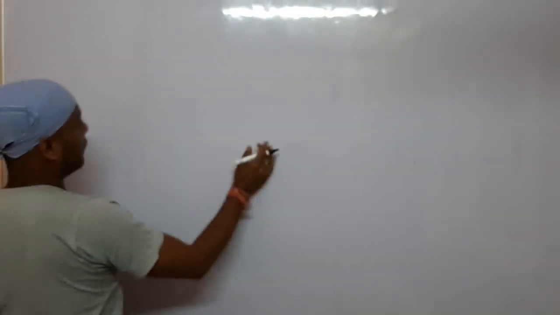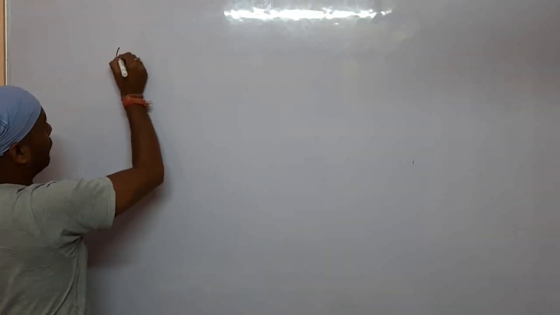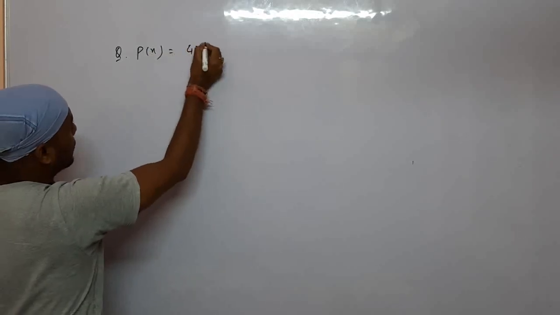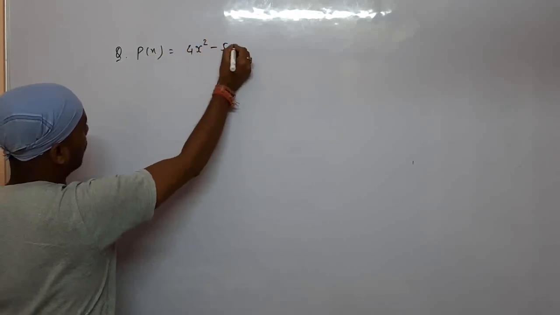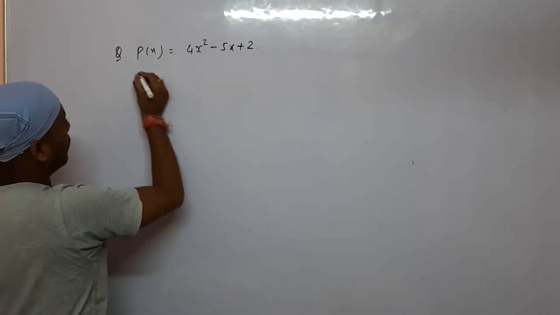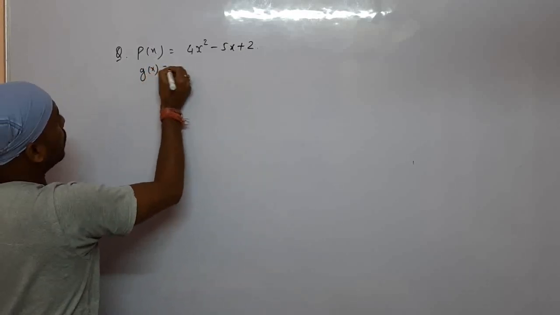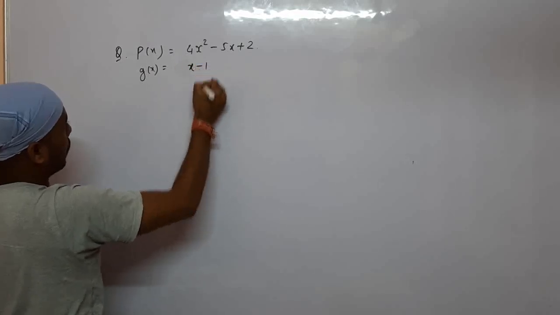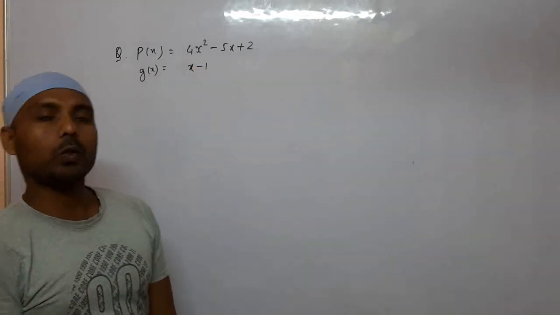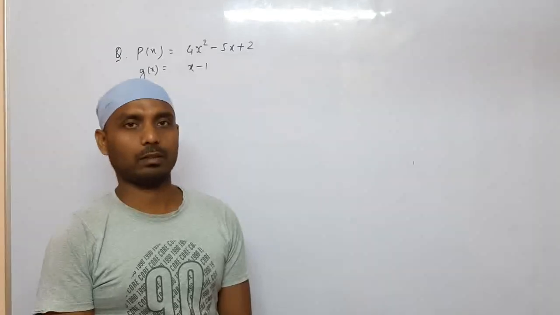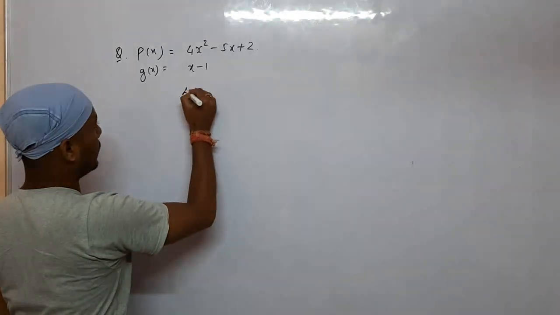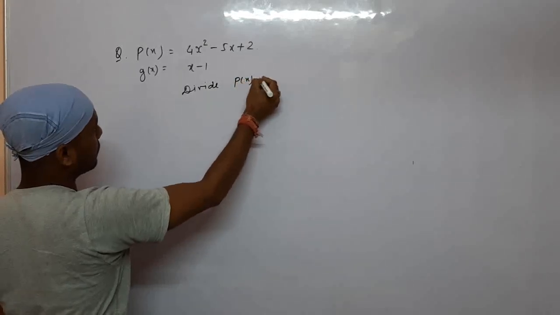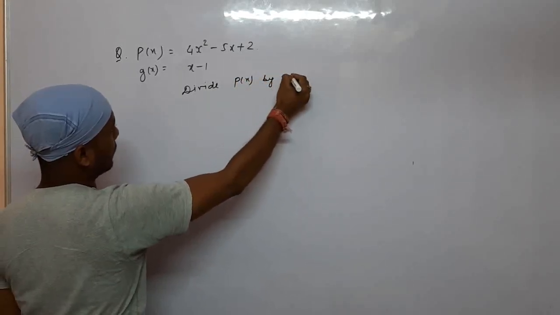Suppose I give you P(x) = 4x² − 5x + 2, and you are given g(x) = x − 1. You are told to divide it, which means the question is: divide P(x) by g(x).